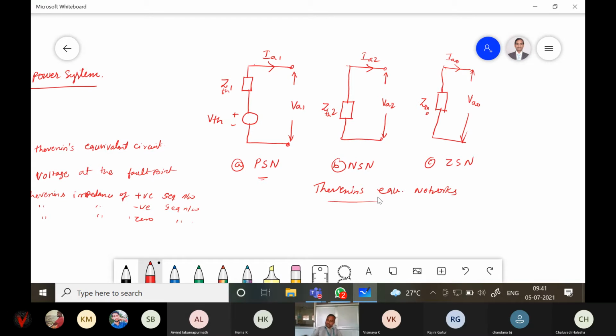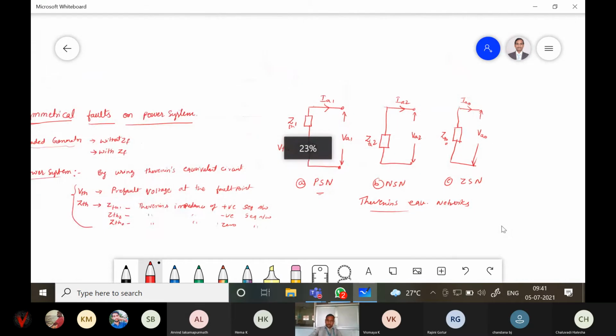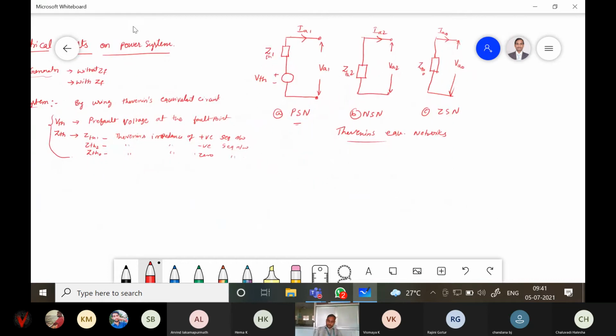From this, we need to find the fault current in the single line to ground fault, LG fault; the second one is the double line fault, LL fault; and the third is the double line to ground fault, LLG fault. These three derivations we already discussed in previous sections for the unloaded generator, without ZF and with ZF.